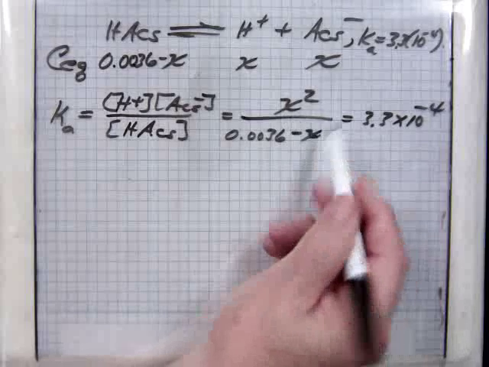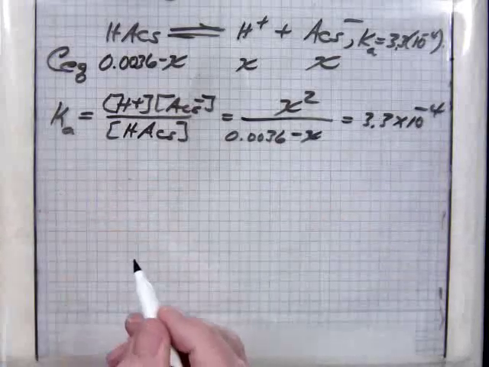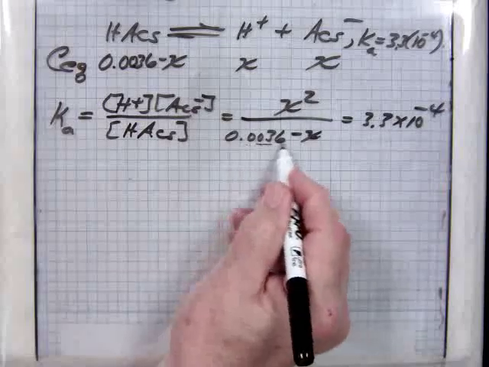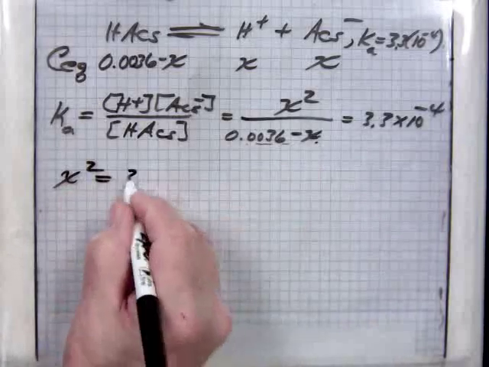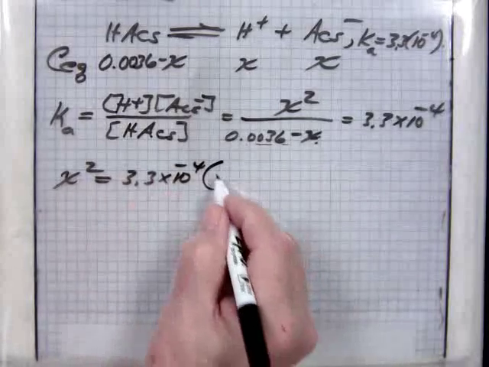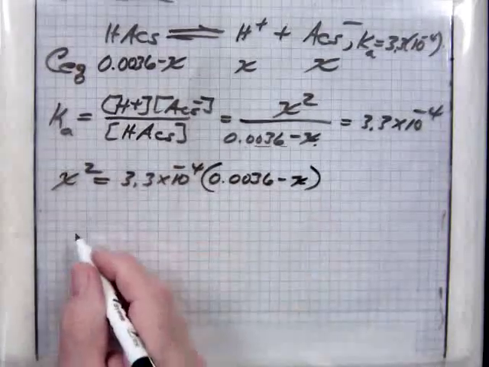And the formula is shown here. Putting that in quadratic form, I multiply both sides by the 0.0036 minus x, so I'll have x squared equal to 3.3 times 10 to the minus 4 times 0.0036 minus x. Like that, and I distribute.